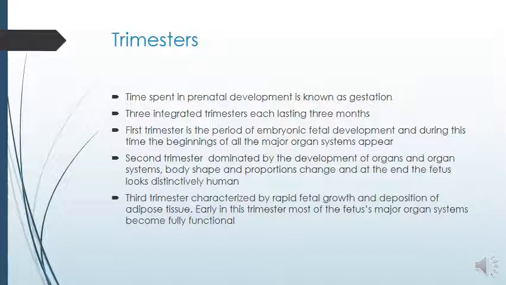During the second trimester, you have the development of the organs and the organ systems, and during this time, the body's shape and proportions change, and by the end of the second trimester, the fetus looks human. The third trimester is characterized by rapid fetal growth and deposition of adipose tissue. And actually, early in this trimester, most of the fetus's major organ systems have become fully functional.